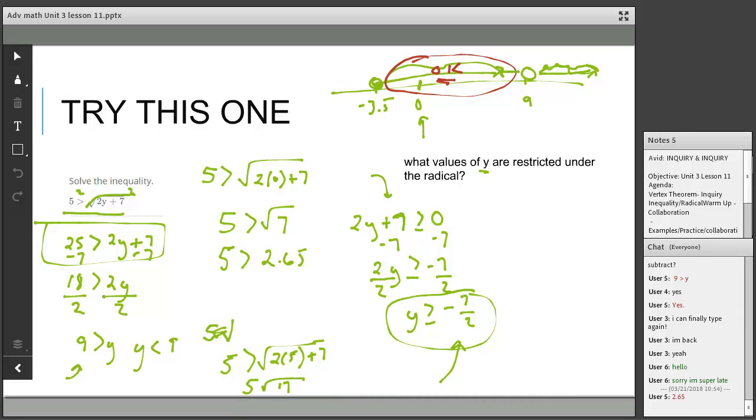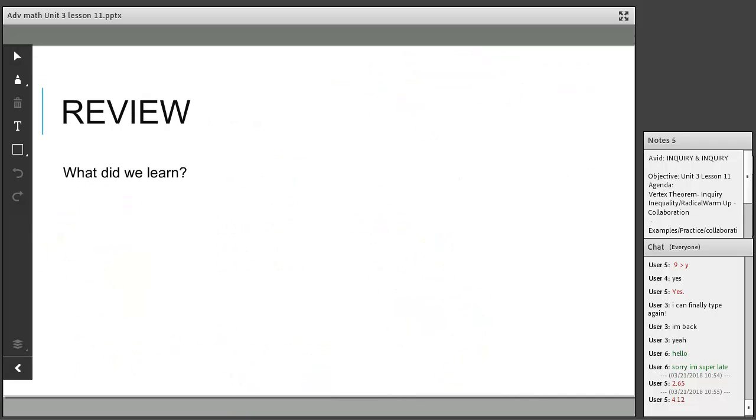So is 5 greater than the square root of 17? 4.12? So that's true, right? 5 is greater than 4.12. So we know this interval, where 5 was less than 9, is okay.